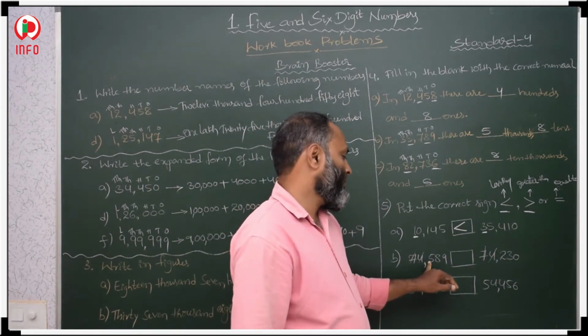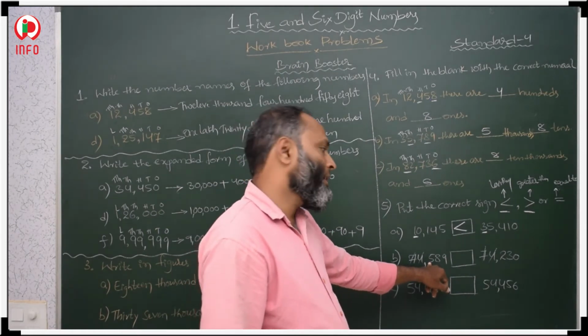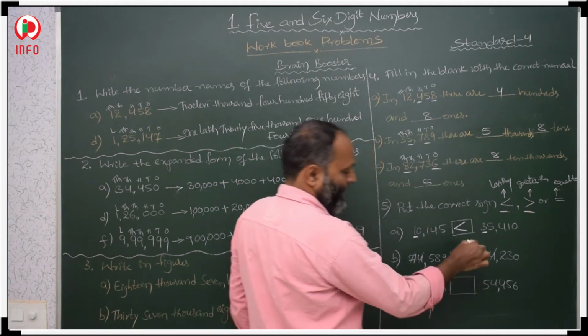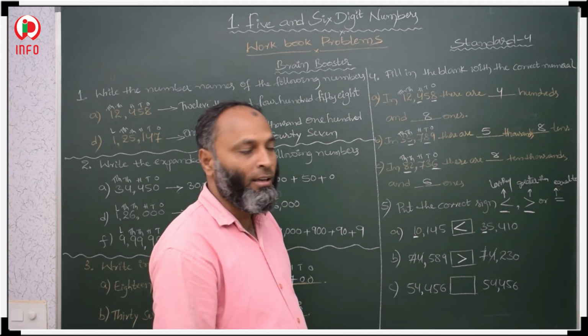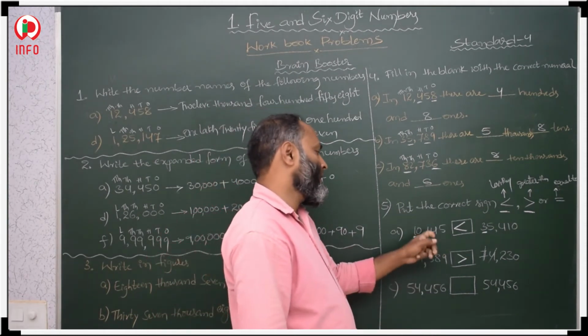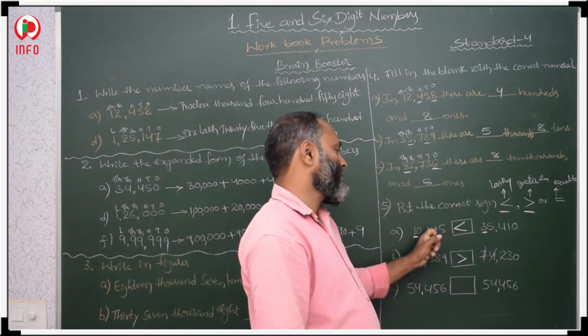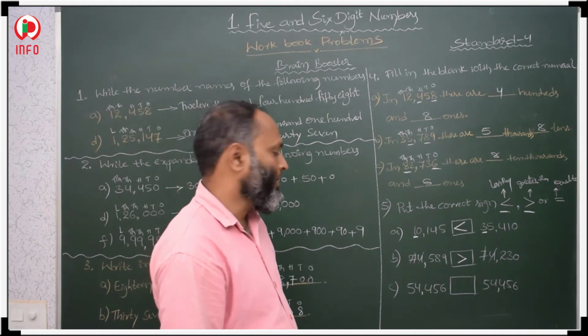Between 5 and 2, 5 is greater, bigger. So 74,589 is greater than 74,230. This is greater than this. Here this is less than this. So we compare the second with the first, and on that basis you use greater than or less than symbols.